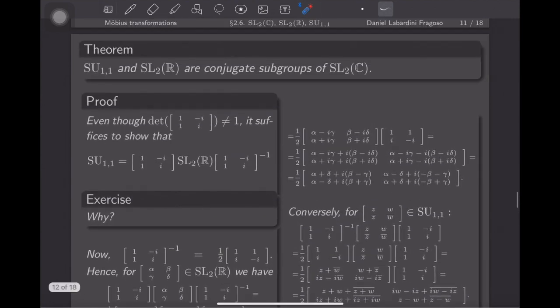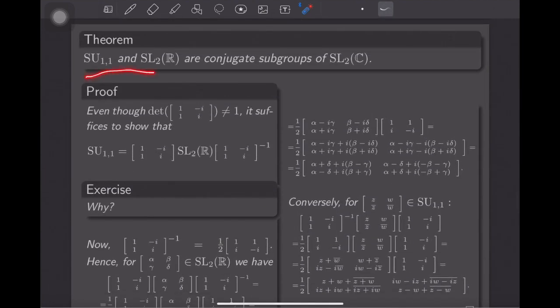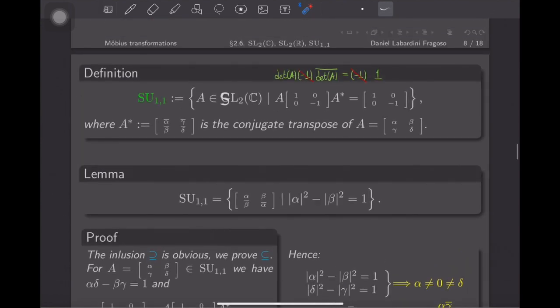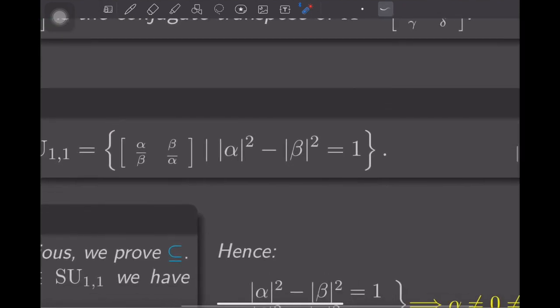Okay, so they are conjugate subgroups, and this is something very nice, because you see, SU11 seems to be a little more mysterious than SL2R. I mean, somehow, at least I personally find it a little bit bothering.